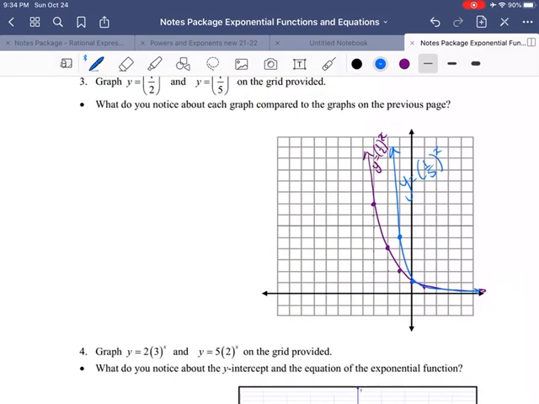All right, so if you pause the video and now you've clicked play, yours should look something similar to this. The y equals (1/2)^x is there, and the y equals (1/5)^x is there.